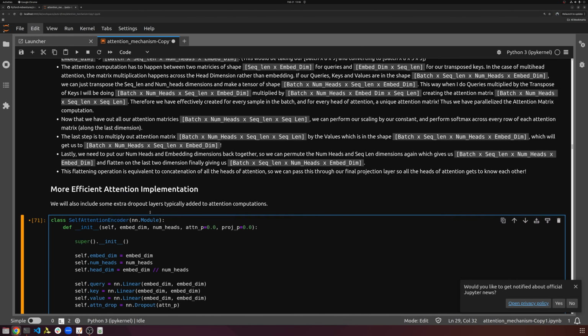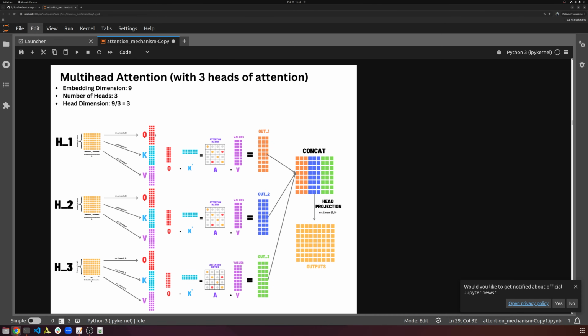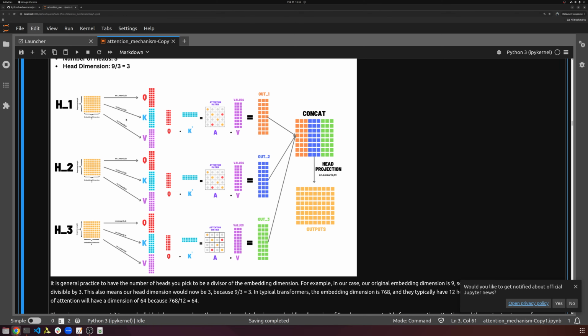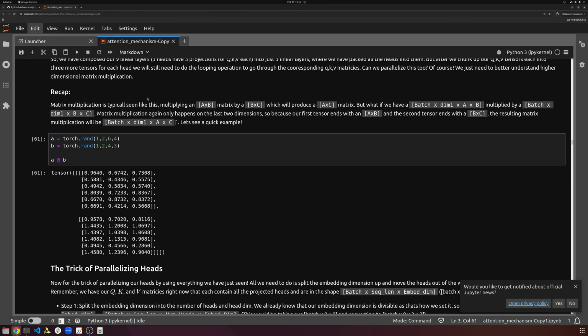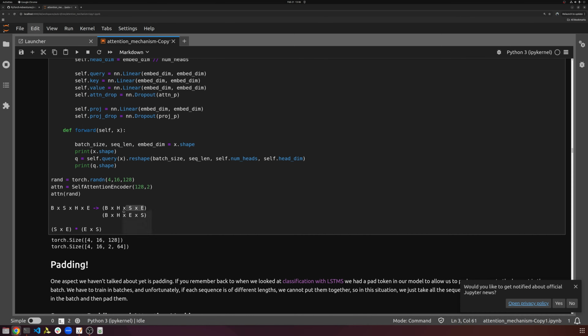So this is basically this right here. If we go back to our figure, this is this. So instead of having one big Q matrix like we had here, we now have 3 Q matrices, each being one small chunk. So this would be 3 heads by whatever. So, okay, good. I hope that's clear. We're just basically reorganizing our thing. So let's go ahead and do that.